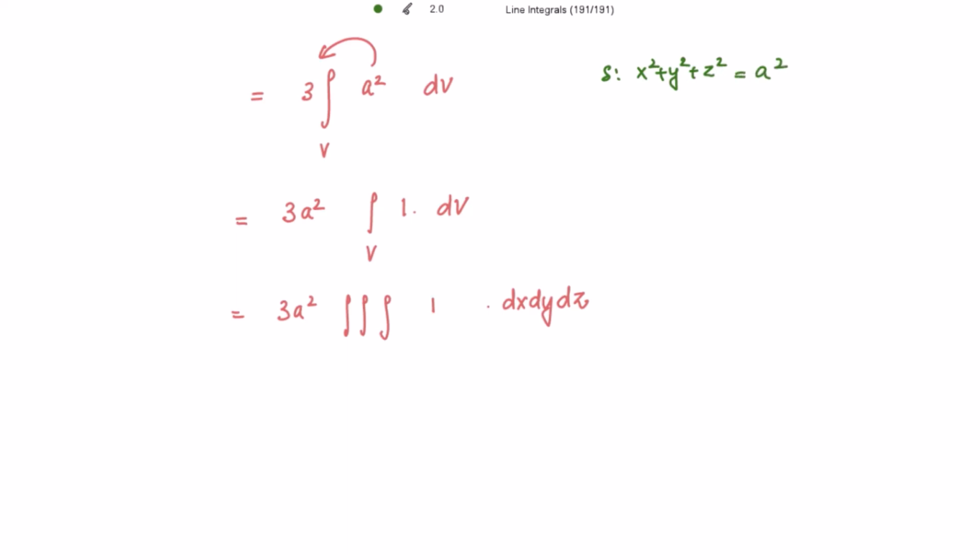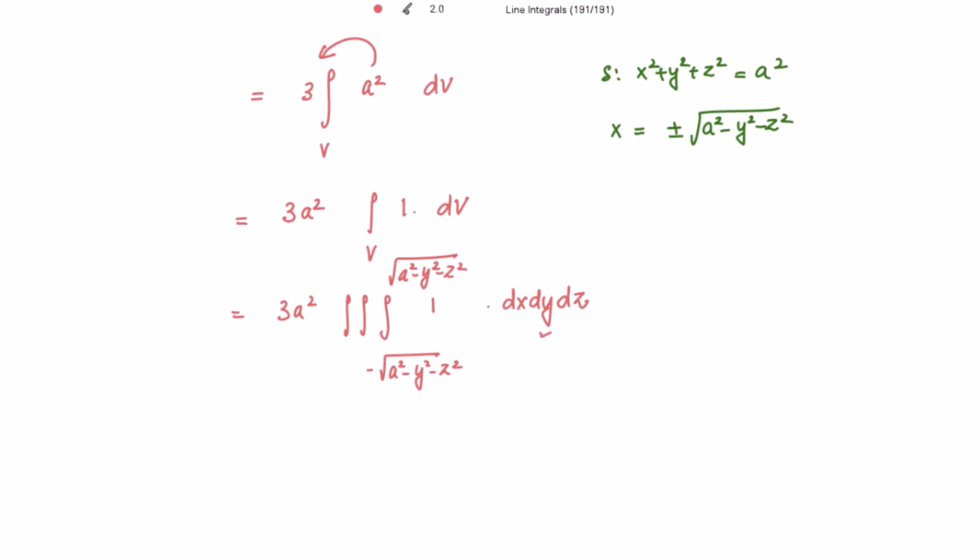So limits of x becomes plus minus square root of a square minus y square minus z square. So writing here the limits for x, that is square root of a square minus y square minus z square with negative sign, and square root of a square minus y square minus z square with positive sign.